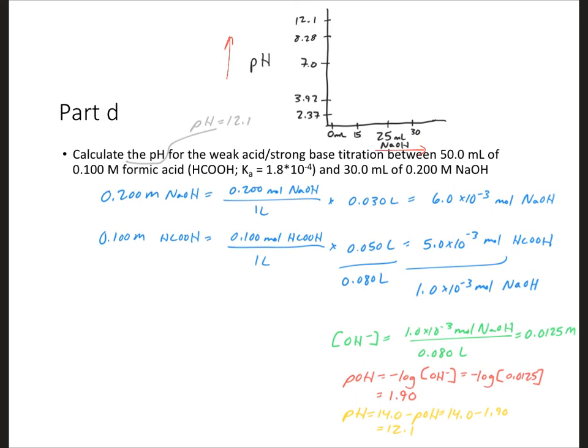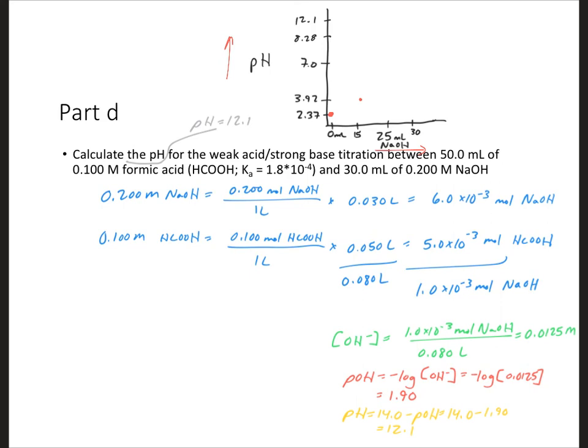And so when we had 0 milliliters of that sodium hydroxide added, we calculated that we had a pH of 2.37. Now when we had added 15 milliliters of that sodium hydroxide, we bounced up to a pH of around 3.92.